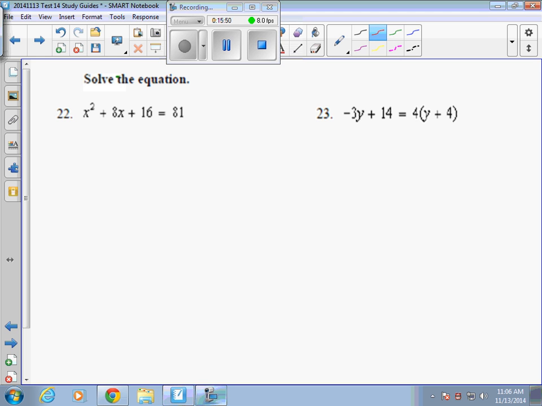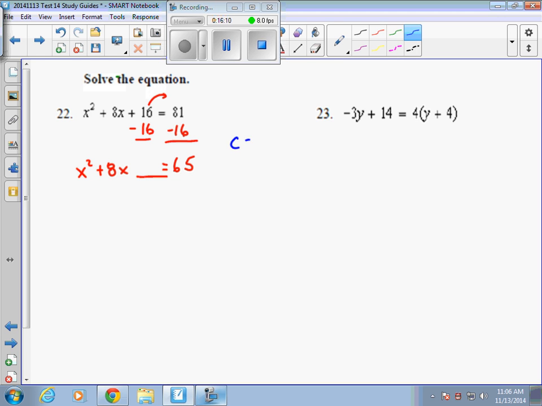So move 16 over by subtracting 16. If you subtract it there, subtract it on the right. 81 minus 16 is going to be 65. So what we have is x squared plus 8x plus c is equal to 65. Remember, we want to get a new value for c.